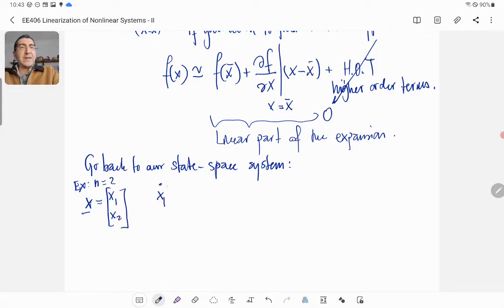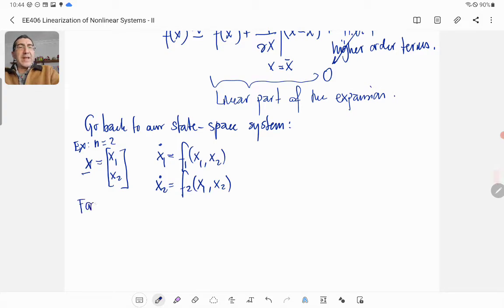In this case, you have x1 dot equal to f1 of x1, x2, and x2 dot equal to f2 of x1, x2. So we have two issues to resolve here. The first one is that our functions are functions of multiple variables, so we don't have only x, but we have x1 to xn. And also we have more than one function.